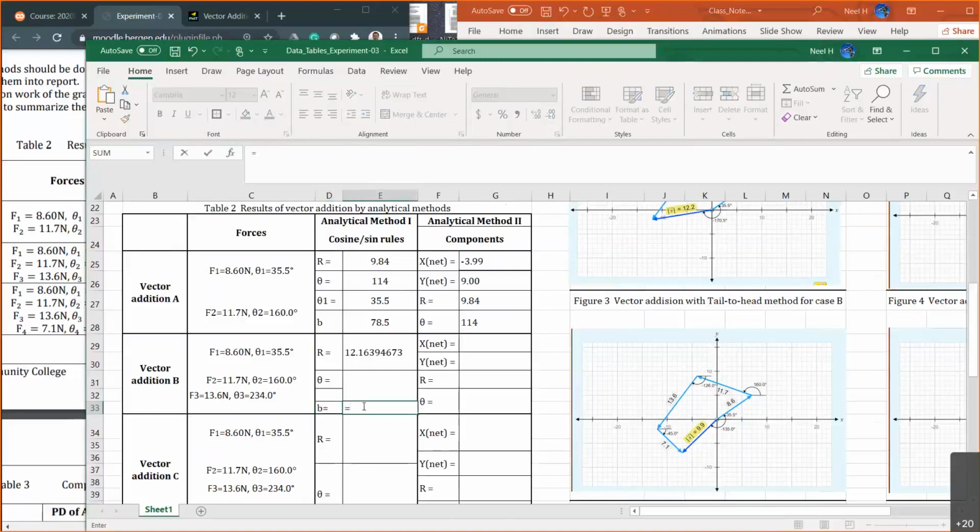B is equal sign. I need degrees, because this will always give me the radian value. Degrees, then arc sine, open brackets, F3, 13.6 multiplied by sine of A. Remember that function, okay?